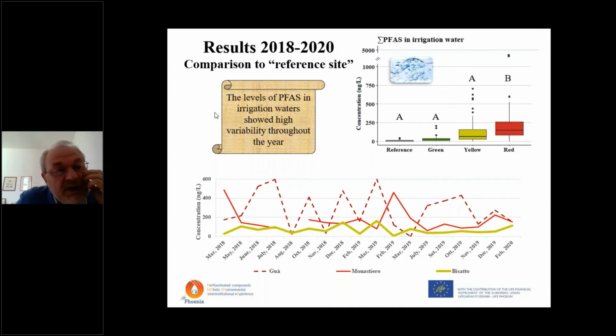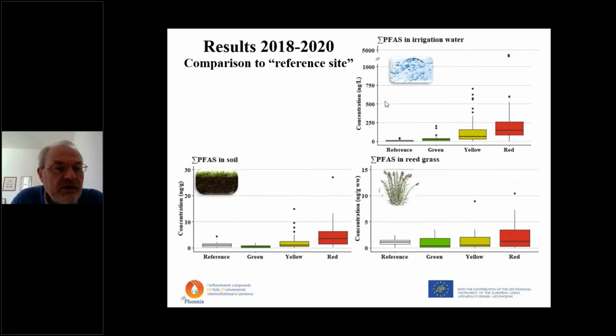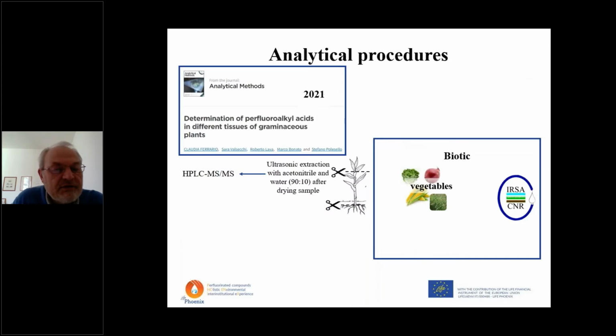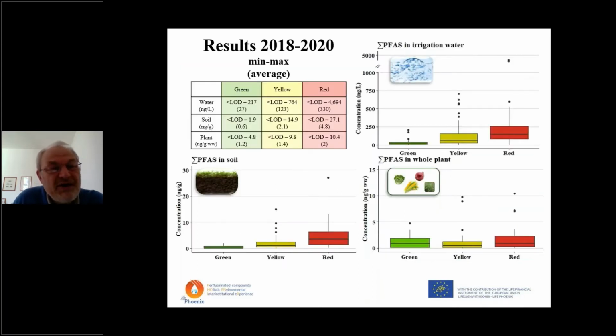But nevertheless, we reach also 5,000 micrograms per liter for total PFAS in the irrigation water, but the agricultural products are exposed only to a small part of this irrigation water. Why? Because there are many sources of water that the network channel uses.